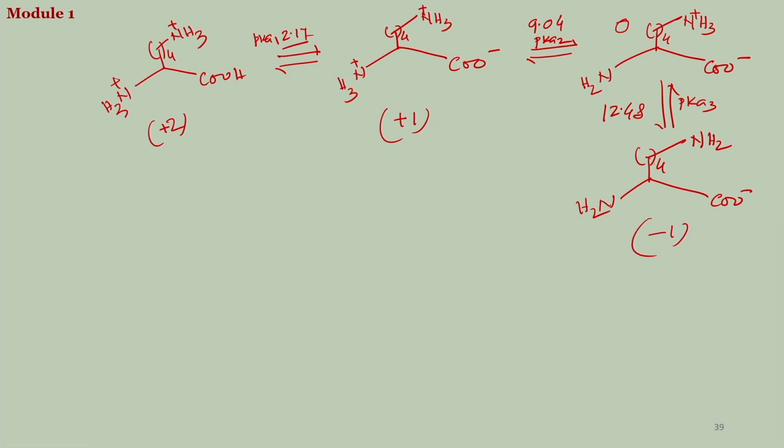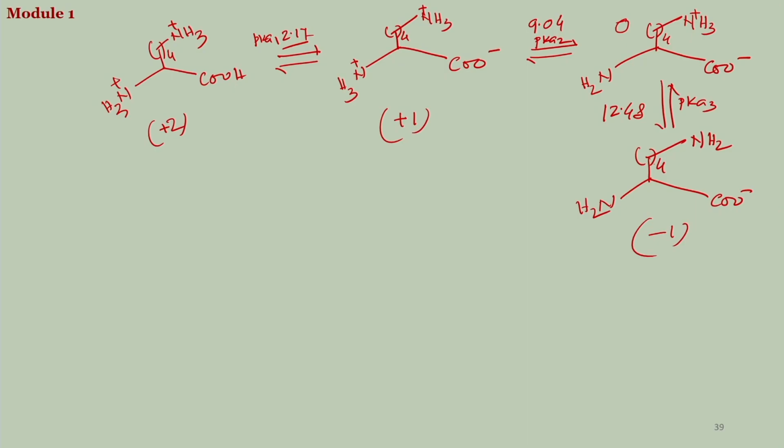It's a usual practice that if you want to find out the pI of an amino acid, what you look for is where the charge changes from positive to negative via 0, or it can be the other way around, negative to positive via 0. So those steps should be considered. So your pI would be, here is the zwitterionic form, so this equilibrium and this equilibrium should be considered.